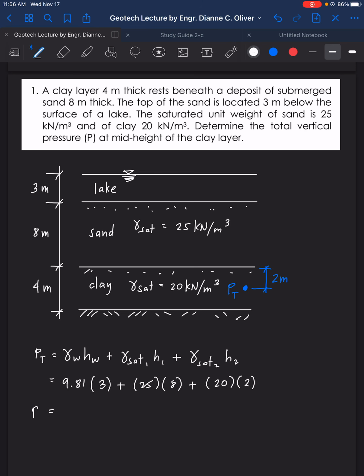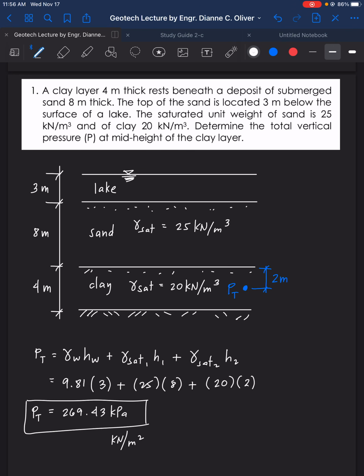So P total is now equal to that is 269.43 kilopascal, or that is in kilonewton per meter square.